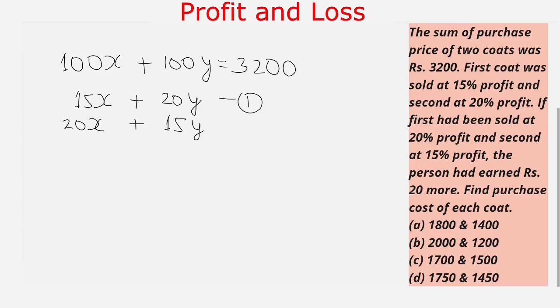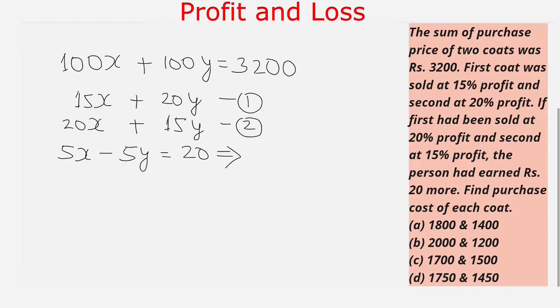And the sum is 20x plus 15y. In second case, we are getting rupees 20 more. So if we subtract first from second and equate it to 20, then we can solve it easily. So on subtracting first from second, we get 5x minus 5y equal to 20.